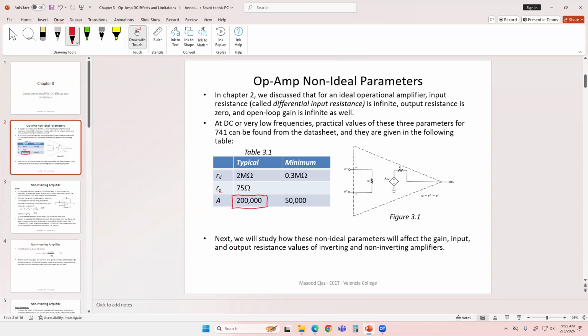So as soon as the input value is about 60 microvolt or 69 microvolt, the output changes its state, going from 0 to 1 or 1 to 0. So when we discuss oscillators, then you will see we are going to take advantage of the open loop gain. But generally, if you're creating a circuit where you are taking advantage of closed loop gain, then you don't really use this value.